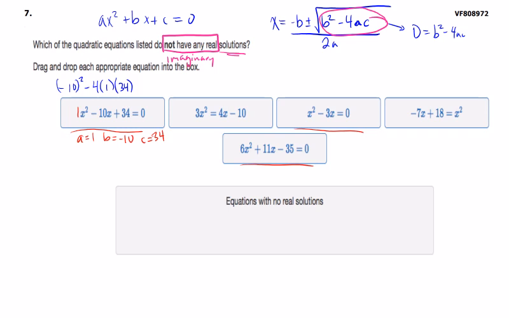So negative 10 squared in parentheses minus 4 times 1 times 34, and that comes out to negative 36. Because of that negative there, let me circle it, I'm taking this and dragging it here, because that means I have no real solution, or two imaginary solutions, however you want to think of it. All right, so that's that one.